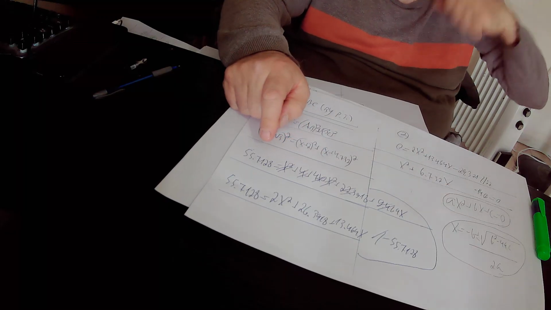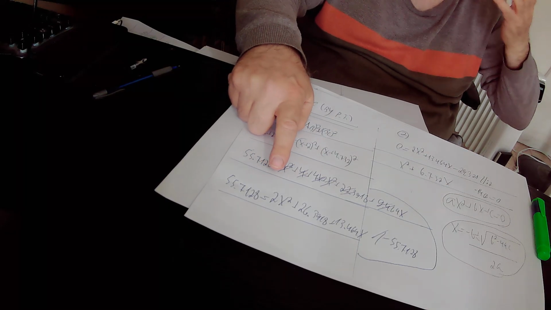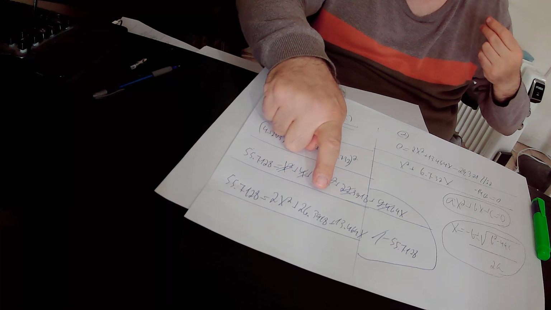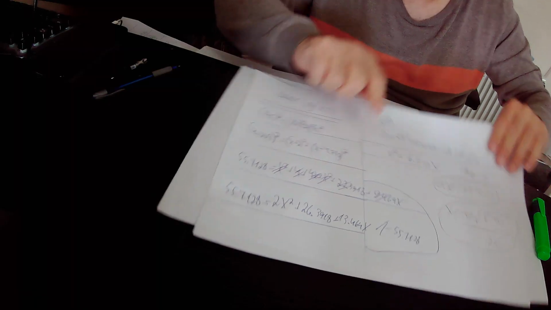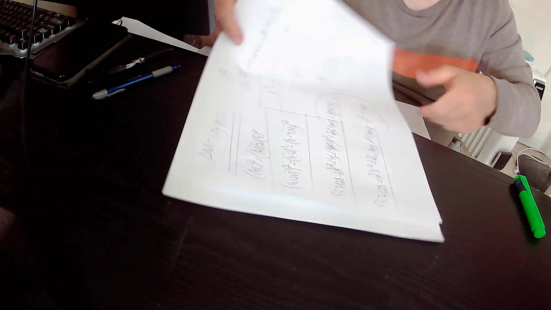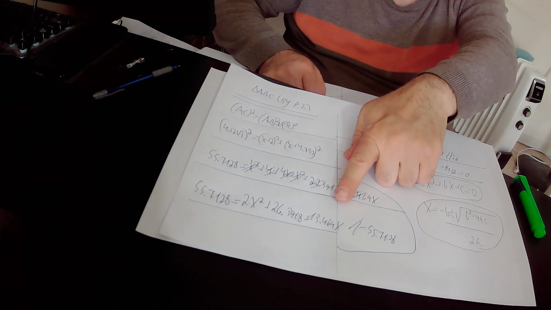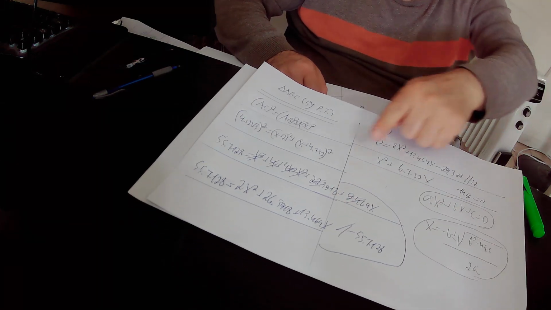So in conclusion, we found out that 55.7128 equals 2x² plus 26.3918 plus 13.464x.